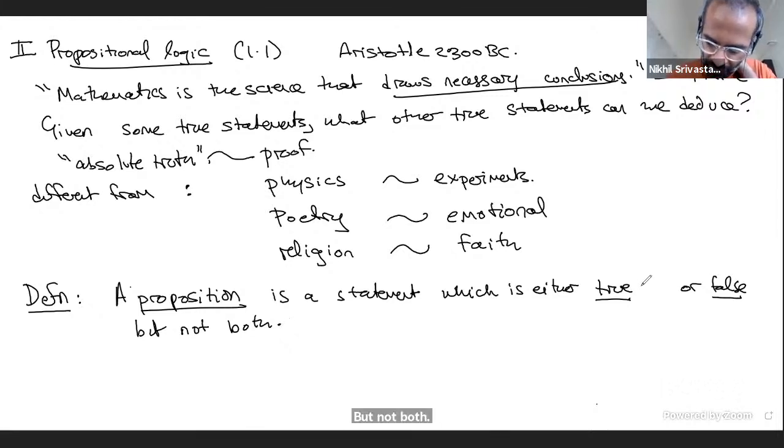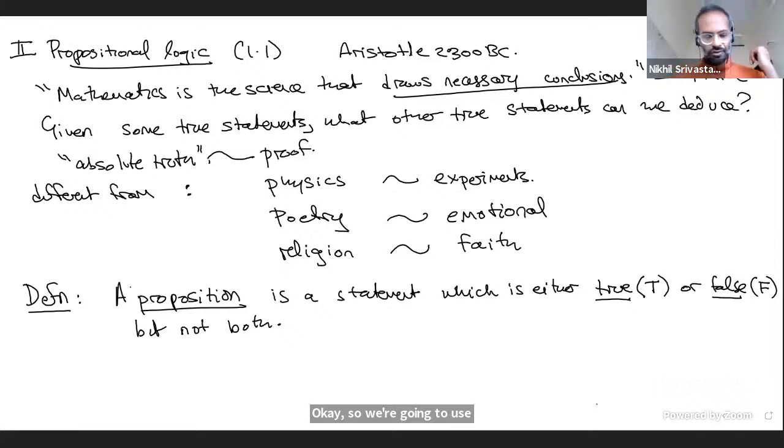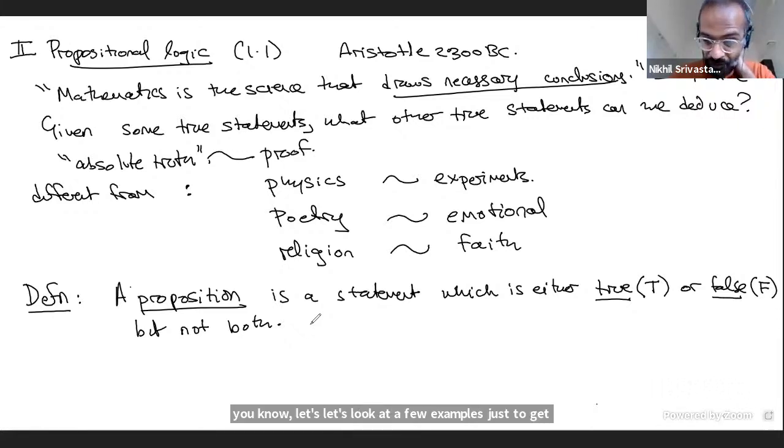Okay, so we're going to use the letters T and F to abbreviate true and false. Let's look at a few examples just to get a feel for what is a proposition and what's not.